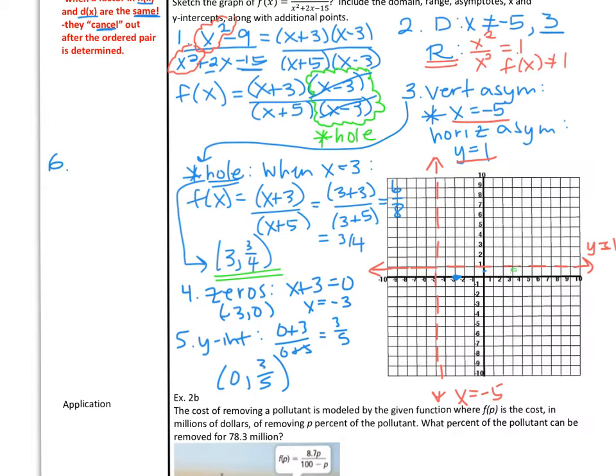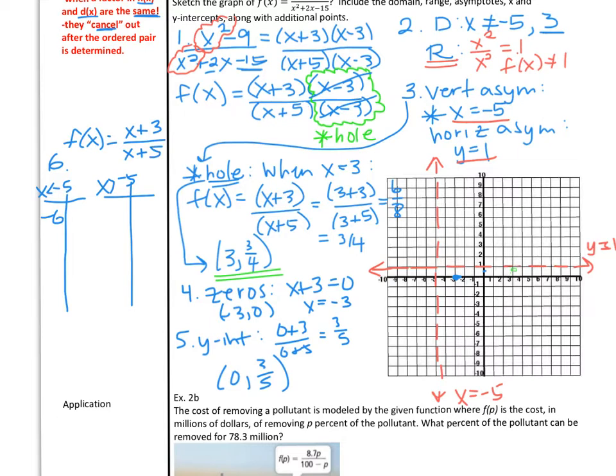Our vertical asymptote can't equal -5, so we'll pick values that are less than -5, and then over here we'll pick some values that are greater than -5. On the less than side, we're only plugging into the part that's left over, the x plus 3 over x plus 5.